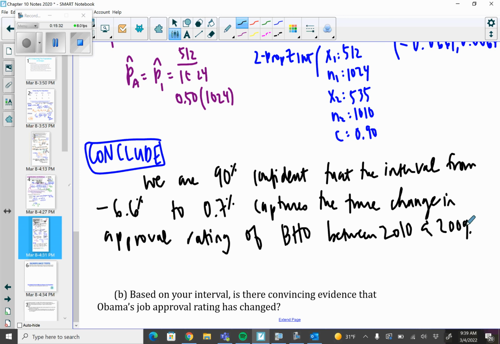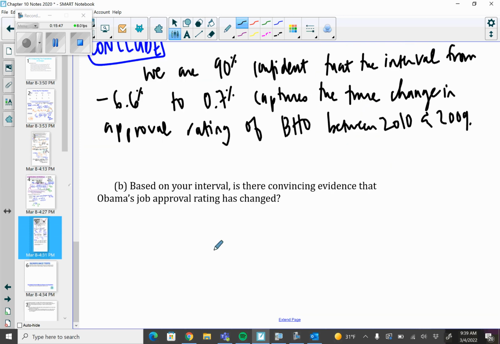That doesn't make sense that we get a negative percent. All that's saying is that p hat B, or the proportion in 2009, was greater than p hat A, the proportion in 2010. So based on our interval, is there convincing evidence that Obama's job approval rating has changed?